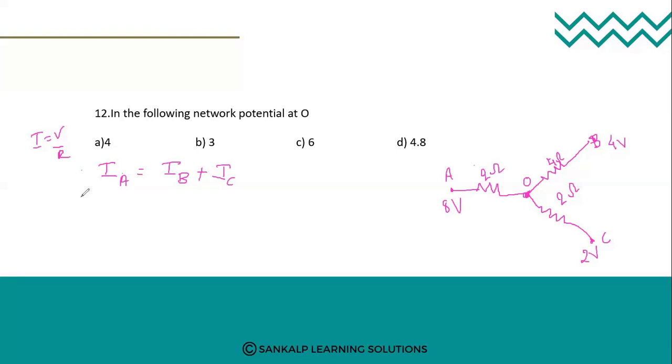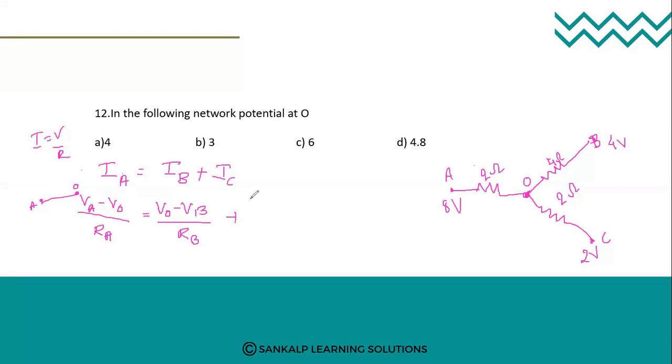So therefore this becomes (VA minus V naught) upon RA is equal to (V naught minus VB) upon RB plus (V naught minus VC) upon RC.